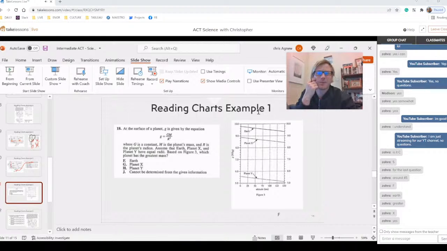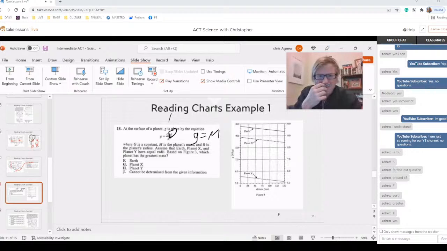As Earth's g is higher, and they're asking about M, and they tell us that G is a constant, so we can forget about G, pretend like it doesn't exist. And R is the planet's radius, and they all have the same radius. So G and R are gone. So that just means like g equals M.